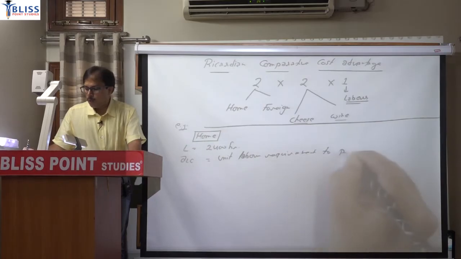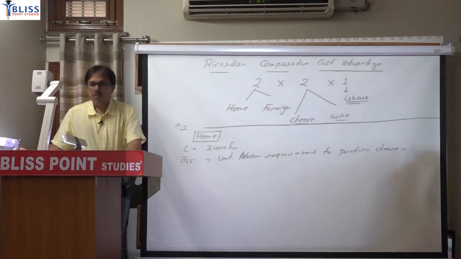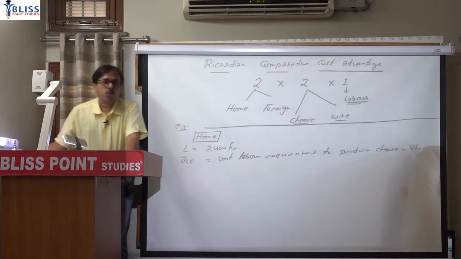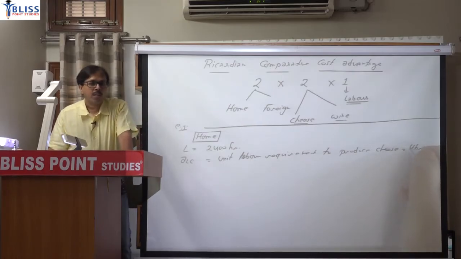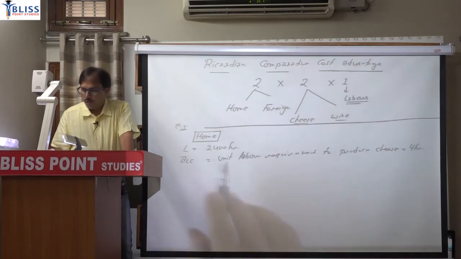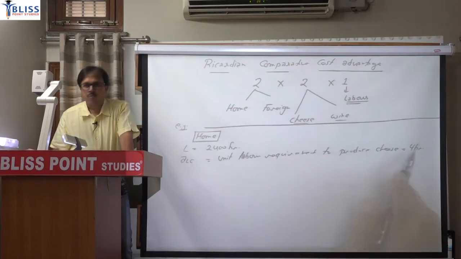Unit labor requirement to produce cheese. Just for example, suppose I say 4 hours. Unit labor requirement to produce cheese is 4 hours in home country. It means to produce 1 unit of cheese, it requires 4 hours.